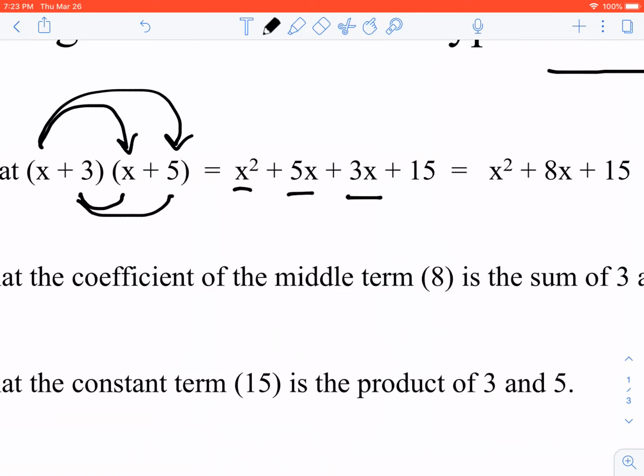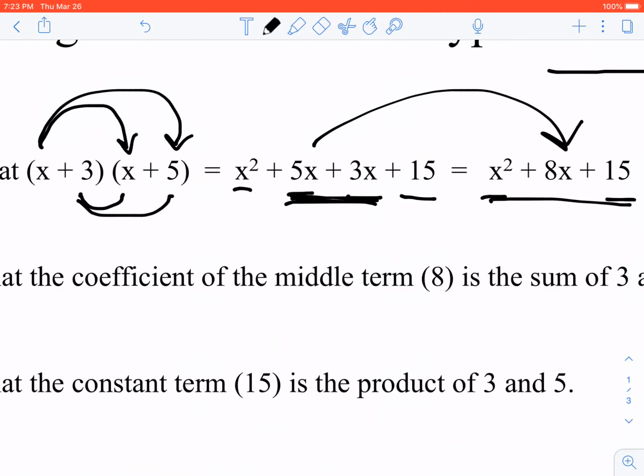And then we took 3 and multiplied by the 5, and that's where we got the 15. If you remember, it always is in this format when we multiply two binomials. And then we combine these two linear terms, these two middle terms, and they end up being the 8x. The x squared stays by itself, the 15 stays by itself, and I'm finished.